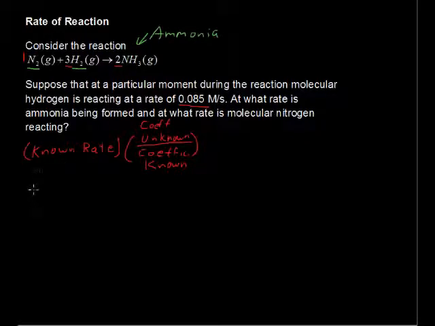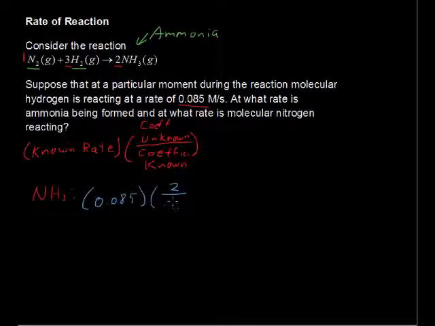So for ammonia, we have this. We have the known rate, 0.085, multiplied by the coefficient of the unknown, that's the ammonia, so 2 over the known, that's the hydrogen gas, that's 3, and we get approximately 0.057 moles per second.